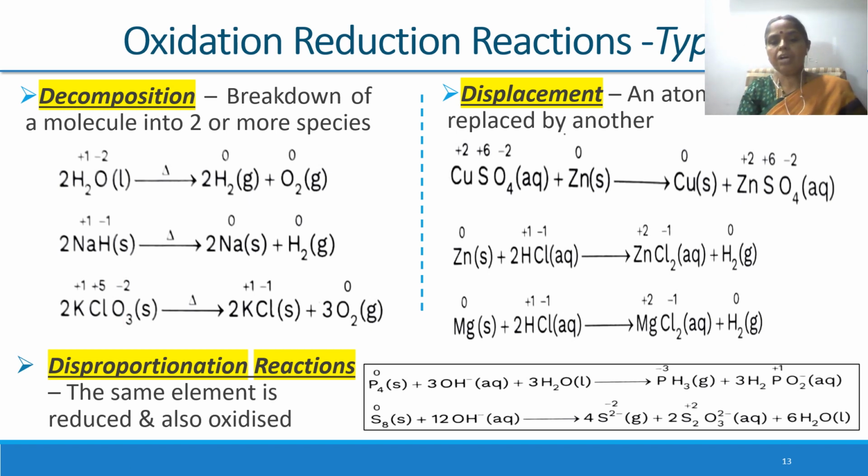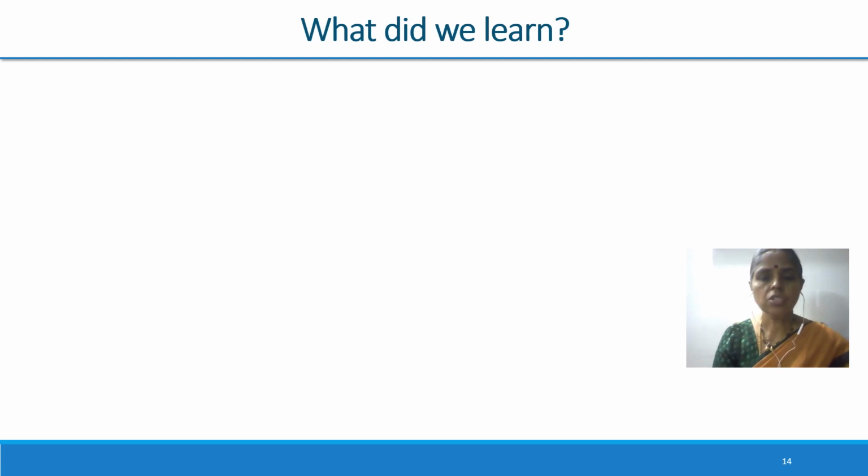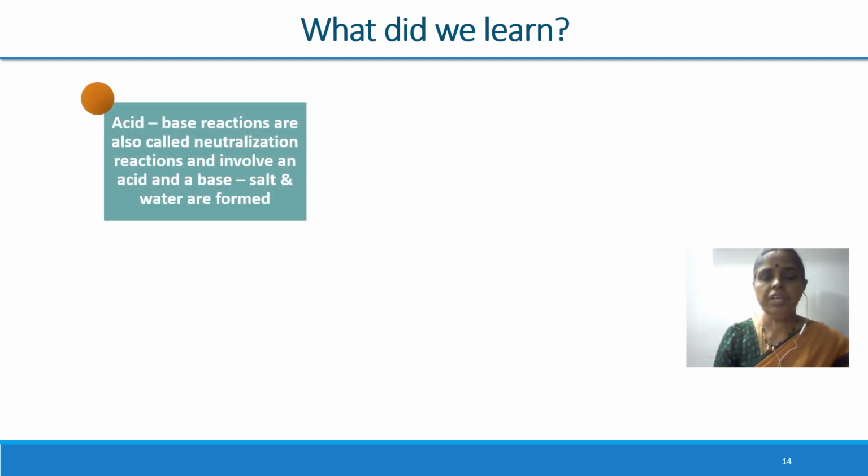So, we have come to the last part of the chapter and we now close with recapitulating what we have learnt in the video so far. We have learnt that acid-base reactions are also called neutralization reactions and they involve an acid and a base as the reactant and salt and water as the product.